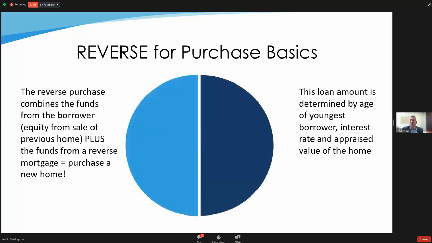So there's 2 parts to using a reverse for purchase to buy a home. First, on the left-hand side of this pie chart, a cash down payment towards the sales price from the borrower. Presumably, the funds could come from the sale of their previous home or other sources. And then second, the reverse loan would cover the remaining amount of the purchase price.